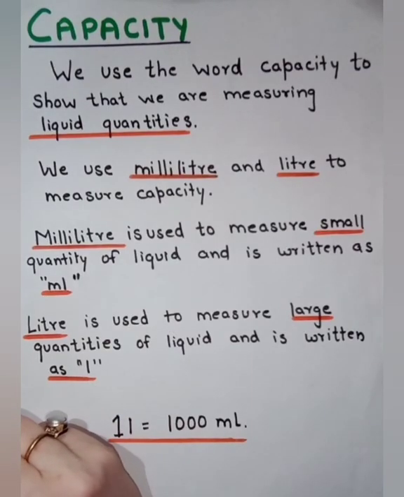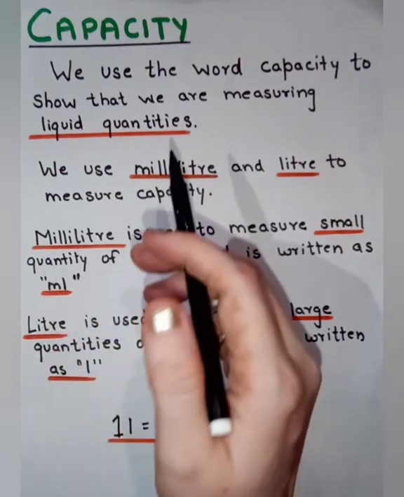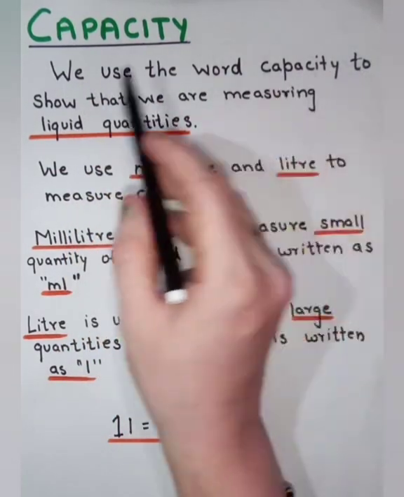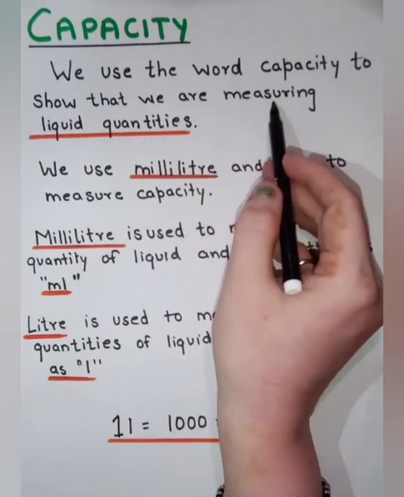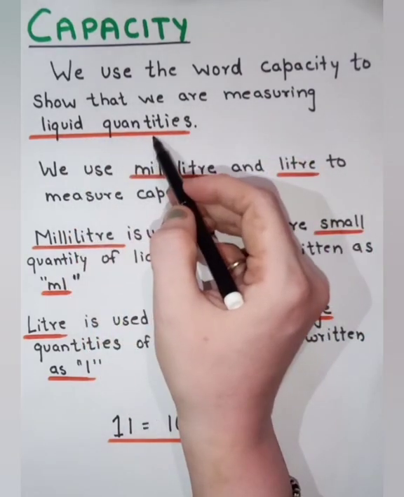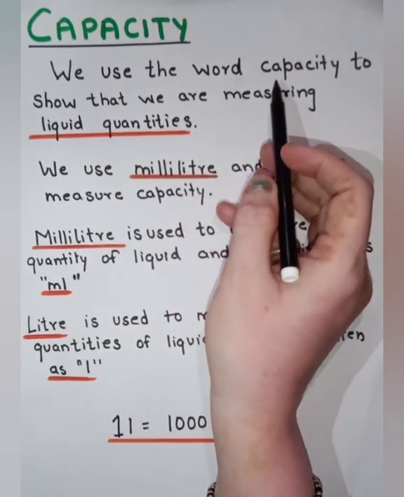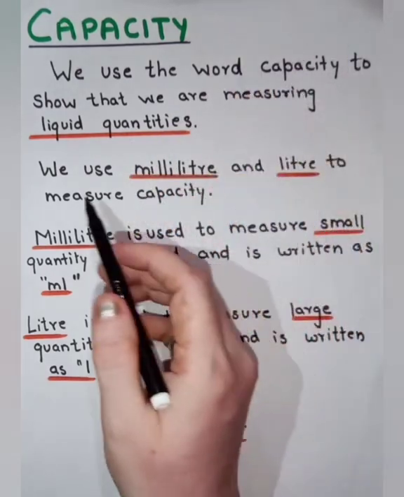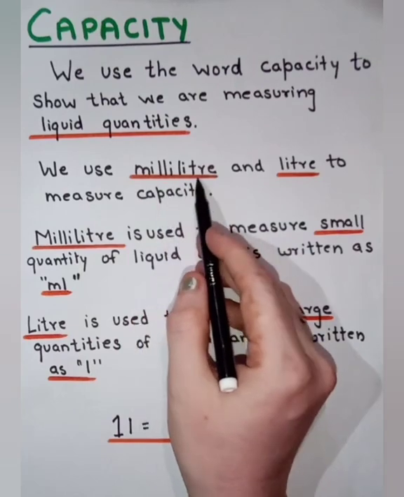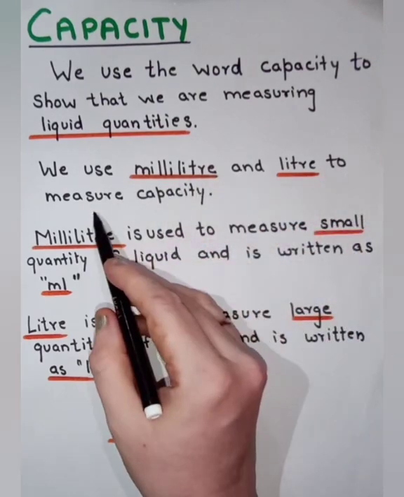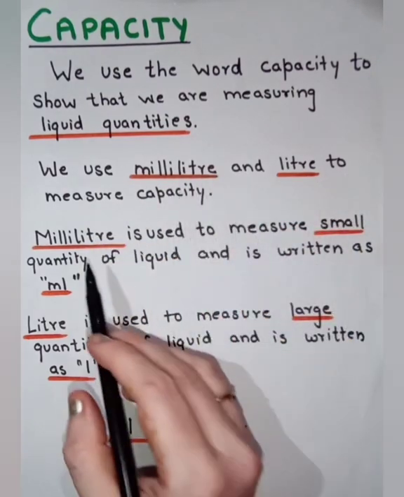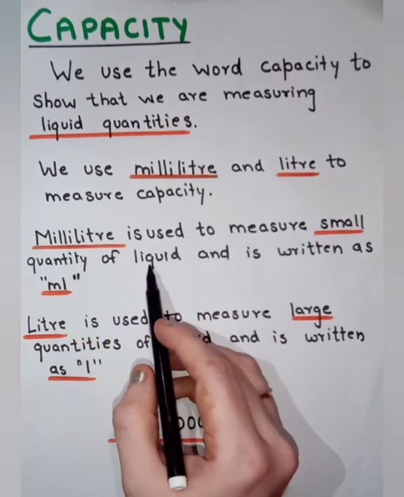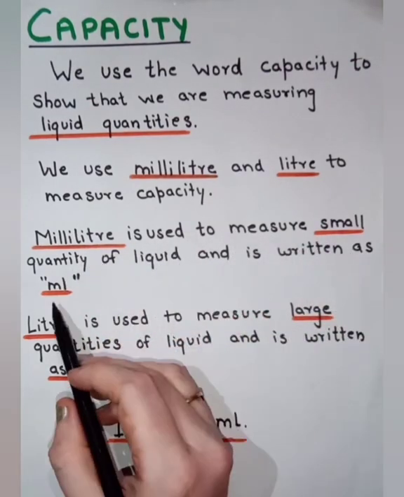Students, next one is capacity. Now, what is capacity? We use the word capacity to show that we are measuring liquid quantities. If I say capacity, it means we are measuring liquid quantities. We use milliliter and liter to measure capacity. Milliliter is used to measure small quantity of liquid and is written as ml.